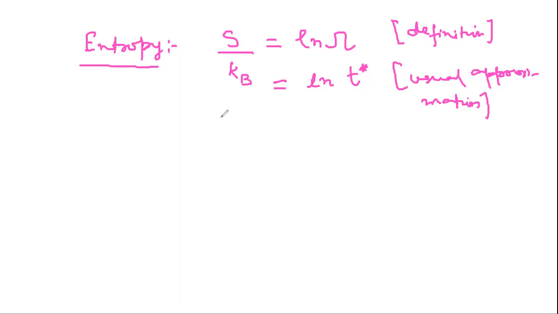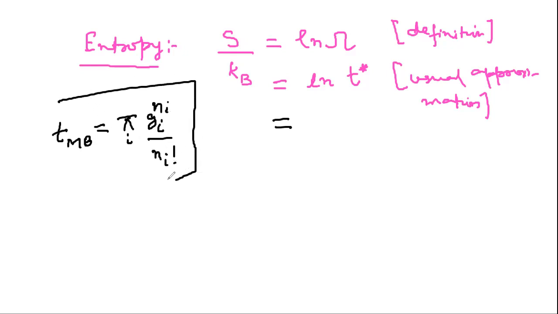Then further what we have to do is substitute. Remember the T MB expression. What is that? That is simply the product over all groups i of g i raised to the power n i over n i factorial.